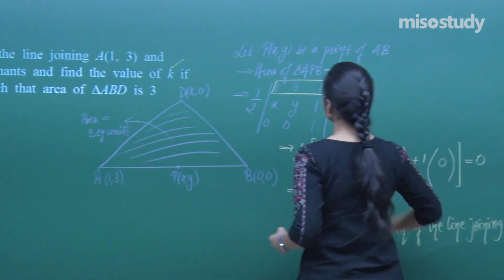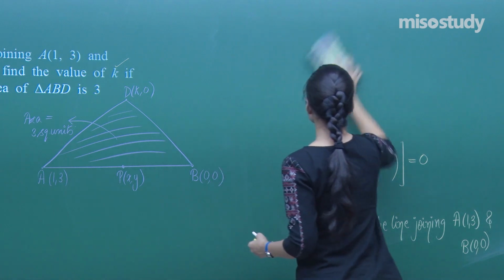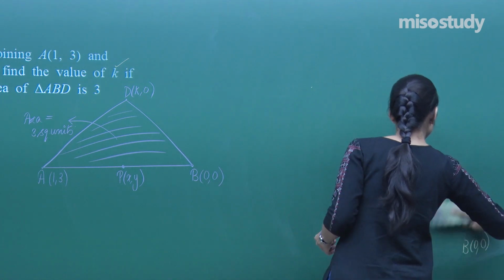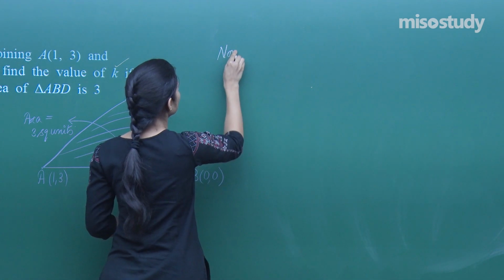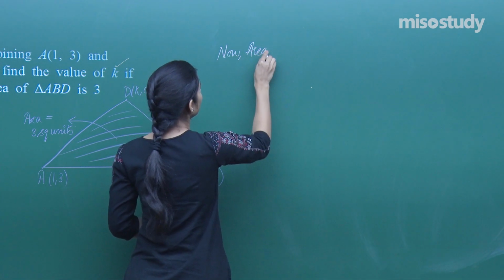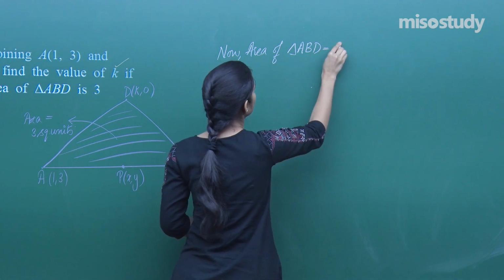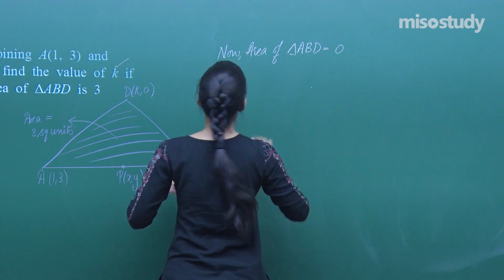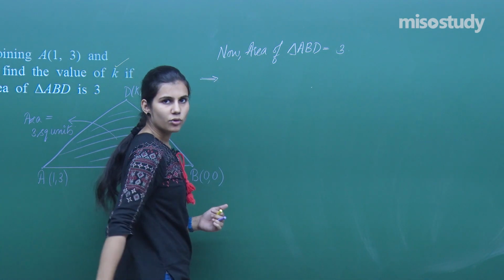We have already done the first part. Let's tackle the next part now. So now, area of triangle ABD is 3 square units. Area is always a non-negative quantity.